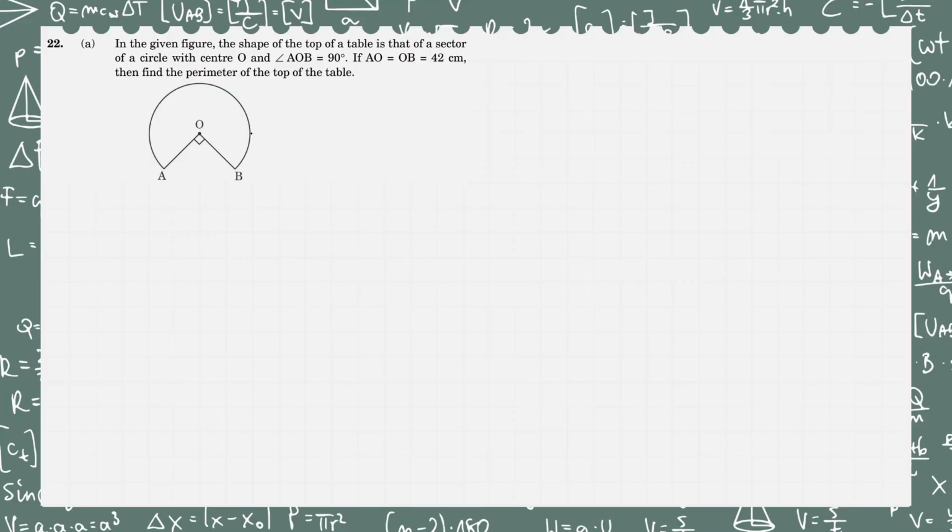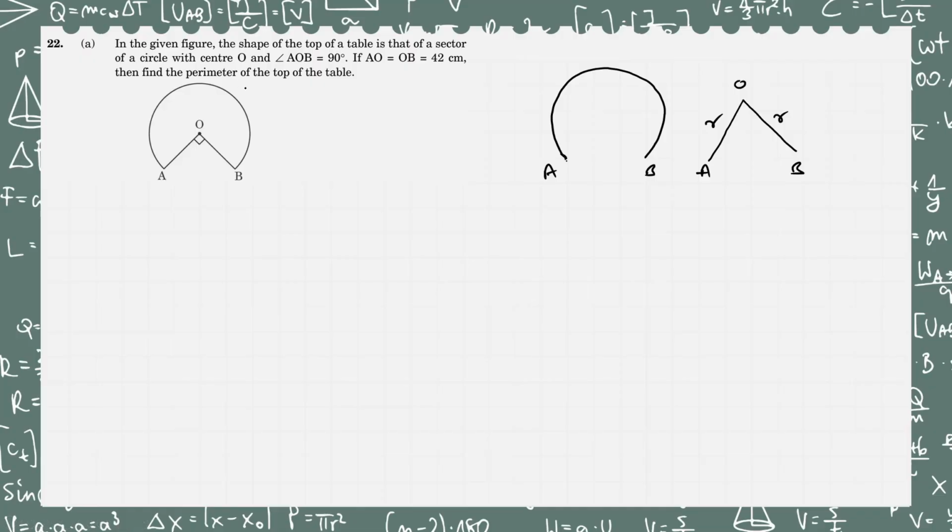So if you think about that, the perimeter will be, so we have to find the arc length, and then there are two radii. So this is one radius, this is also another radius, this is O, this is A, this is B, and this is the major arc AB. If we add all these lengths together, we will get the perimeter of the full table.